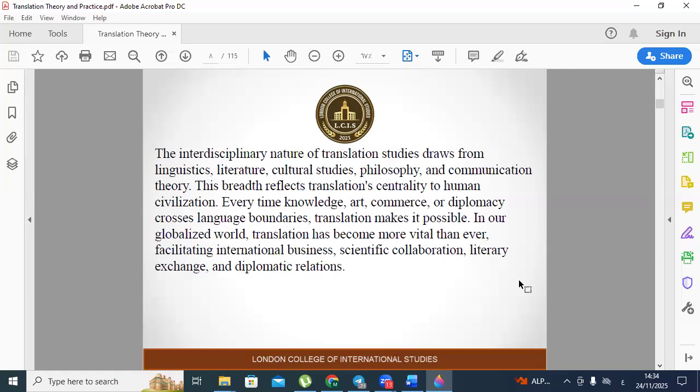This breadth reflects translation's centrality to human civilization. Every time knowledge, art, commerce, or diplomacy crosses language boundaries, translation makes it possible. In our globalized world, translation has become more vital than ever, facilitating international business, scientific collaboration, literary exchange, and diplomatic relations.